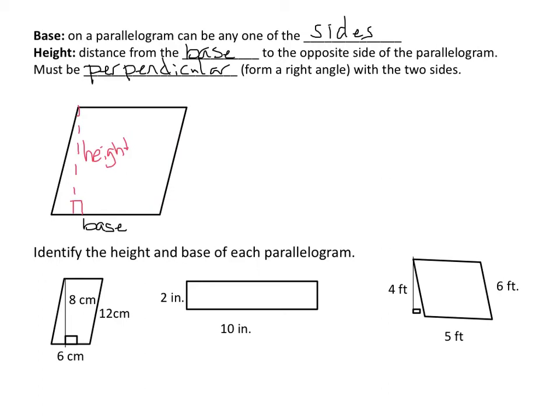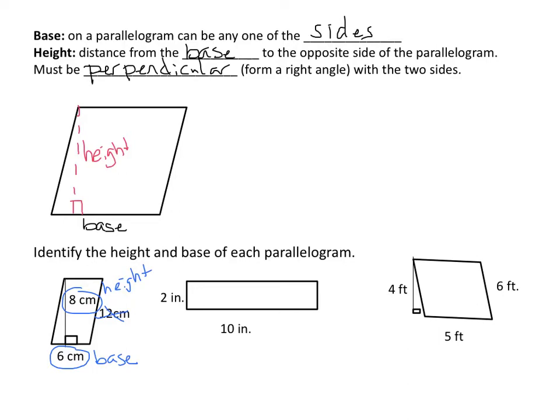Alright, so we just want to identify the height and base of each parallelogram. Okay, so on our first one here, 6 would be our base, and 8 would be our height. The 12 is just extra information that we don't need.